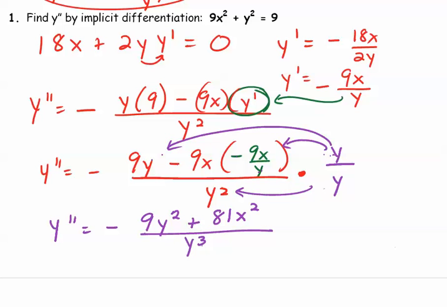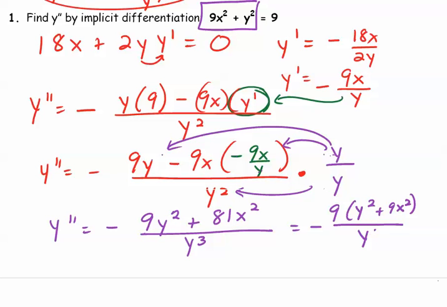And we look for our second substitution. Can we find the original expression, 9x squared plus y squared, in our numerator? And that's easy enough to see. If we factor a 9 out of the numerator, there's our x squared plus our y squared plus 9x squared.